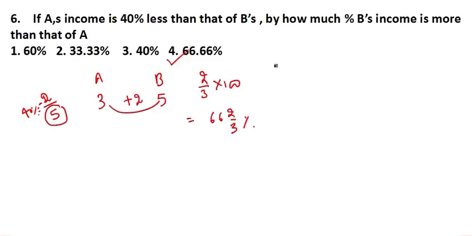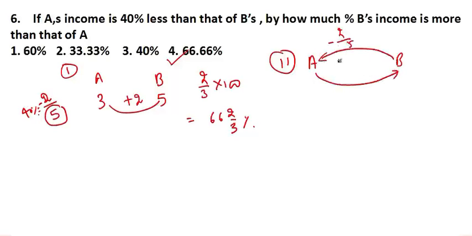Now we'll do the second method. Suppose this is A and this is B. It states that A's income is 40% less than B's. 40% less than B means 2 by 5. A is 2 by 5 less than B. Then B is more by how much percent?